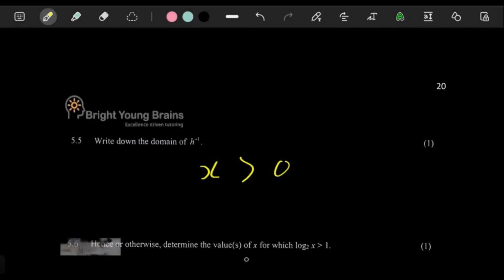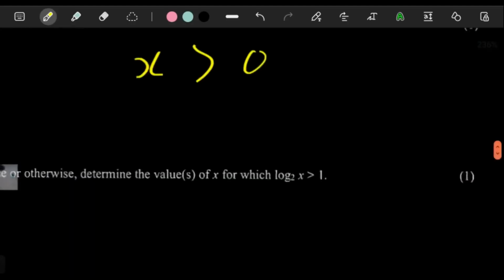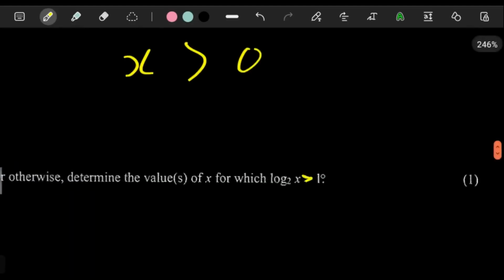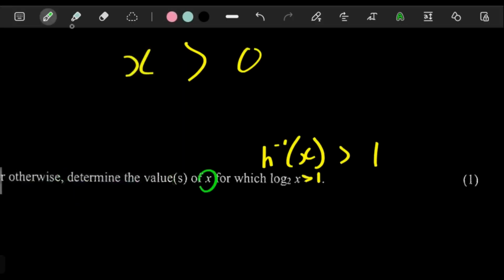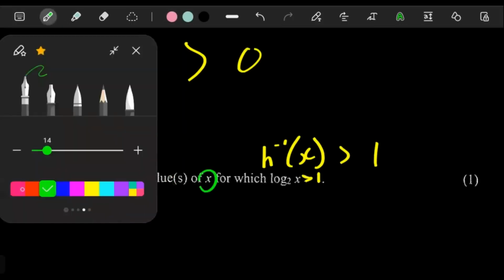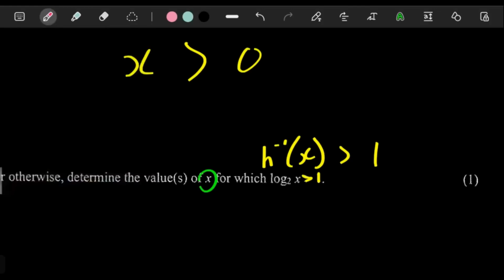Hence, or otherwise, determine the values of x for which this is bigger than 1. So this is the inverse, right? They're asking you, where is the inverse bigger than 1? So the easiest thing you can do is to work out where it's equal to 1 first. Because the moment you know where it's equal to 1, you will be able to trace to see where it's above 1.